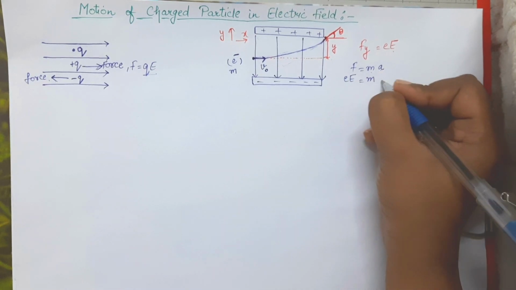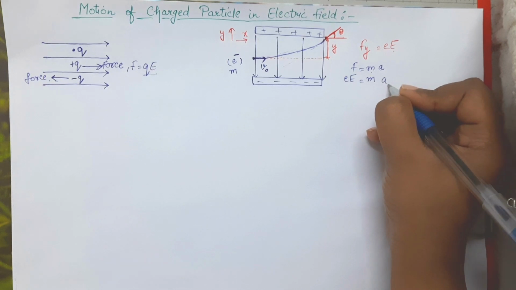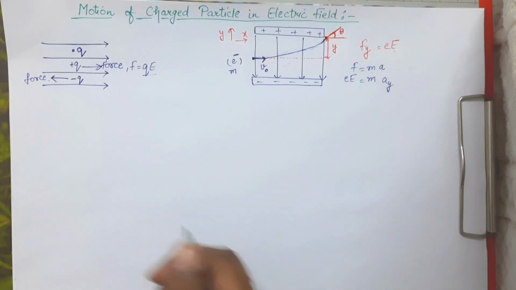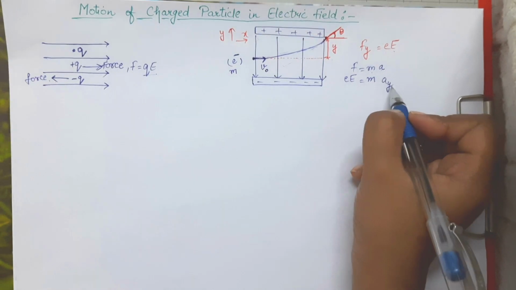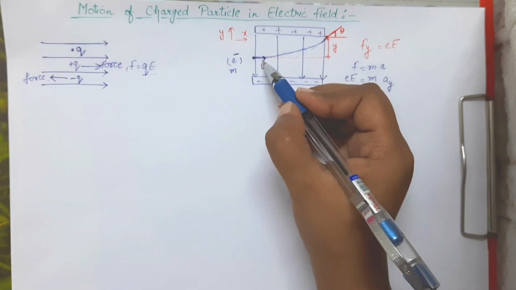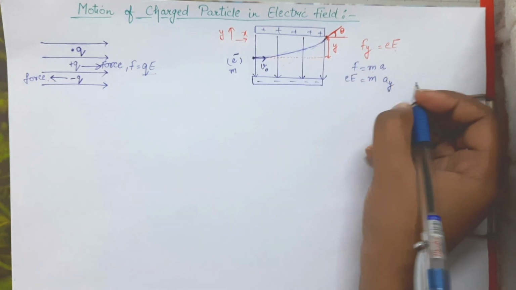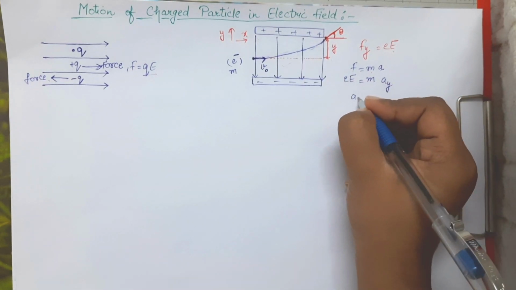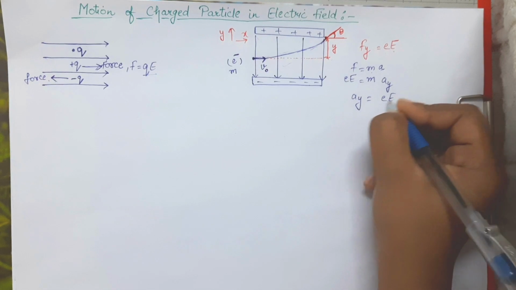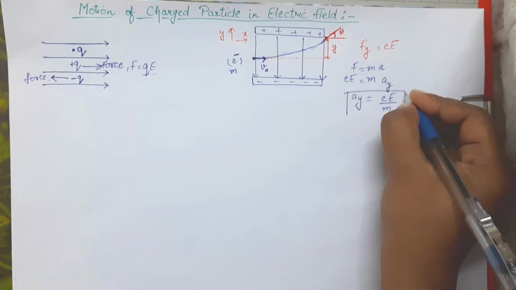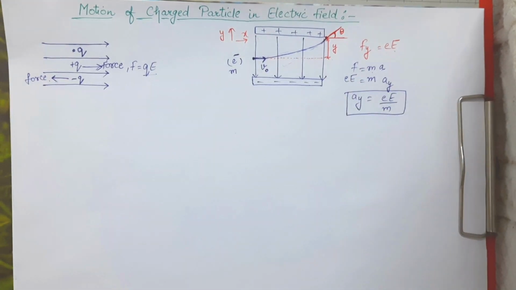Suppose this is mass m and we have acceleration a. Acceleration will be along the y direction, so I am showing it as ay, because this electron will accelerate in the y direction. So ay will be equal to eE by m. This will be the acceleration of this electron.